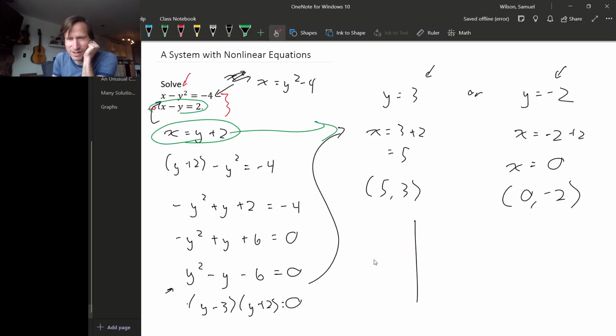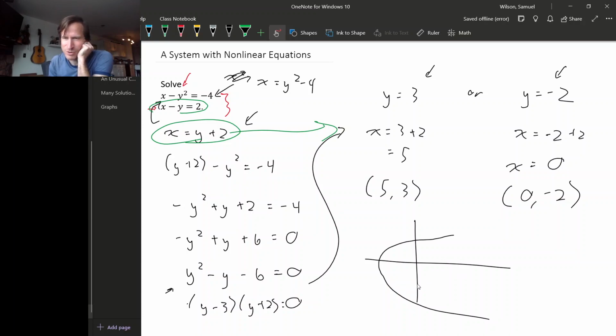So that's going to look like this. And then this line, x equals y plus 2, that's the same thing as y equals x minus 2, so it is going to be something like this. Okay, and you can see we have a line cutting across a parabola, and so we happen to get two intersection points for this particular one. There's (0, minus 2) down here, and then over here that's (5, 3).